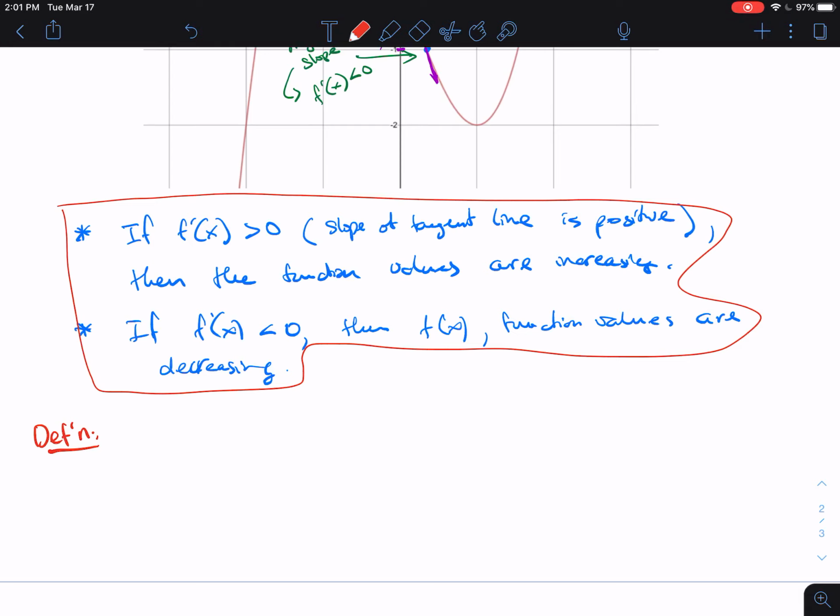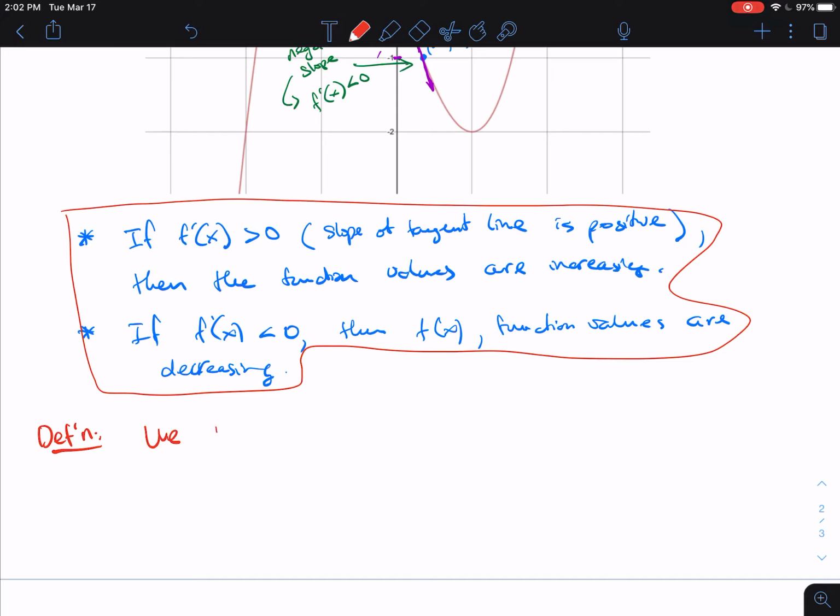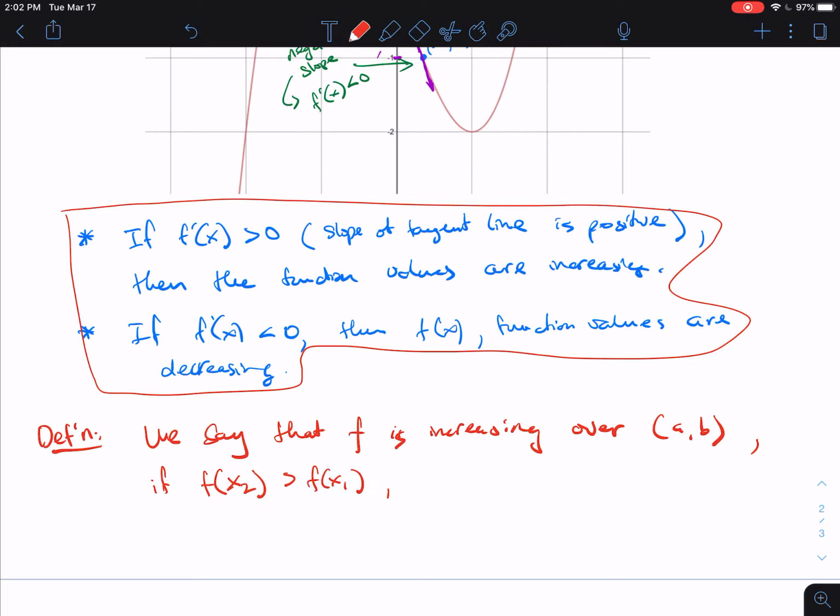So we say that f is increasing over an interval (a, b) if we have the following: f of x2 is greater than f of x1 whenever x1 is less than x2, both within the interval (a, b), meaning any two values within the interval.